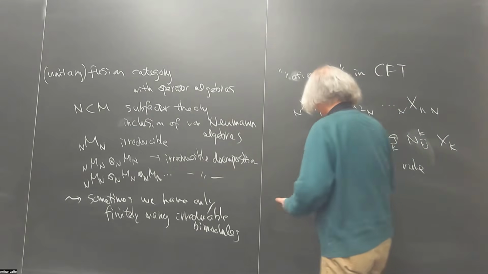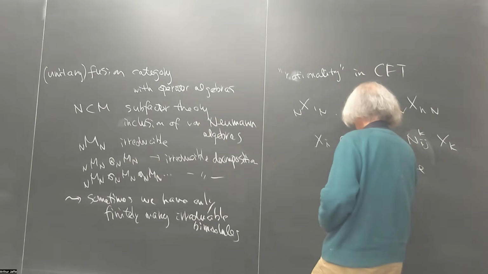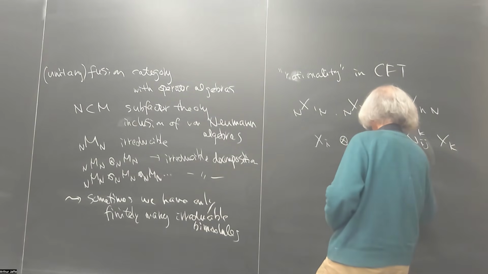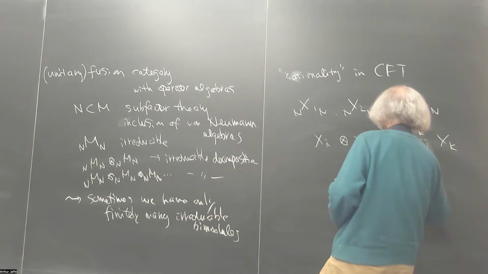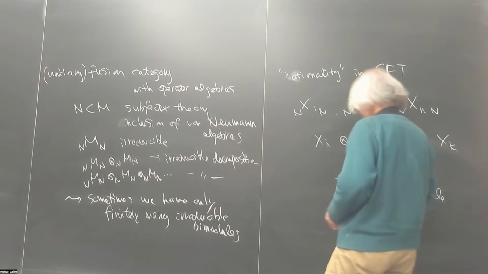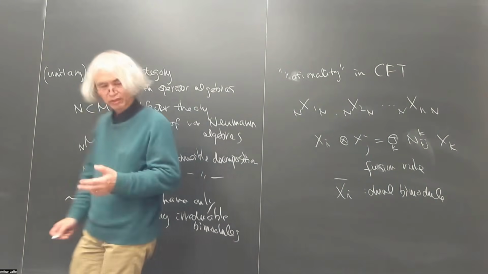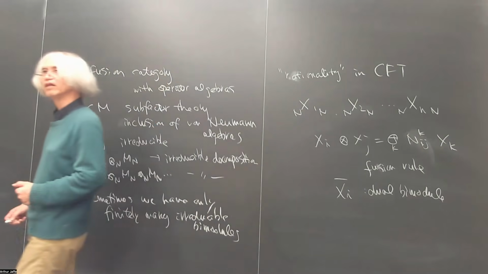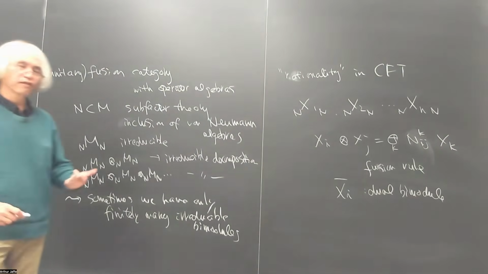And also we have a dual bimodule. So this is a rigid tensor category with finitely many irreducible objects, so we get a fusion category.